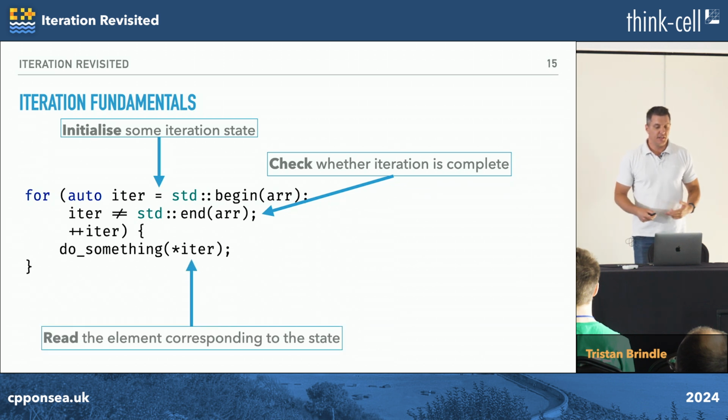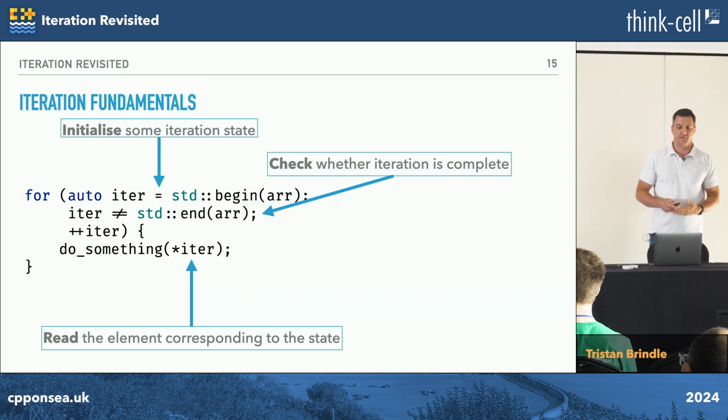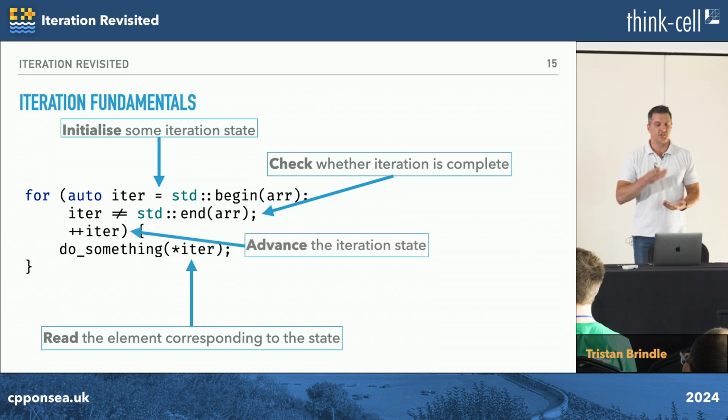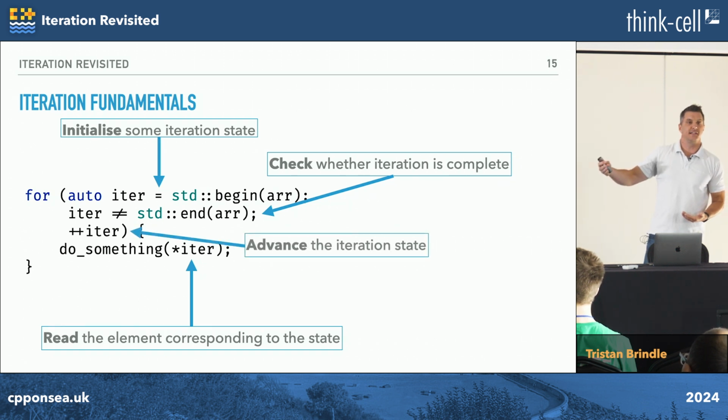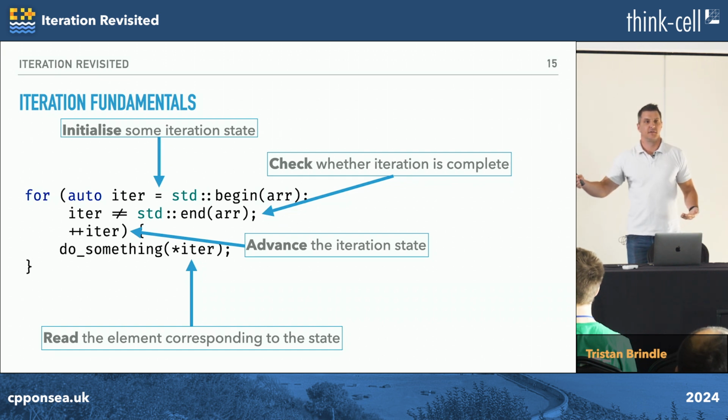A third operation is we need to be able to read the element corresponding to our stored state. So again, with iterators, we do this by dereferencing. And finally, we need to be able to advance our iteration state so that we're now pointing to the next element.